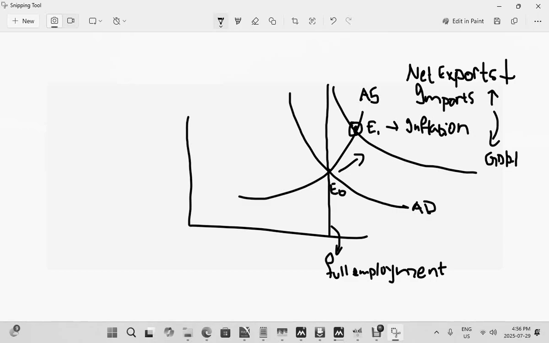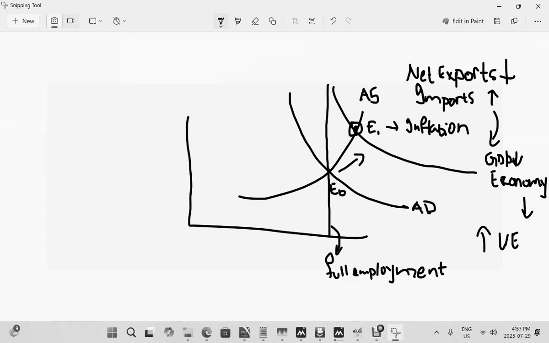As the economy shrinks, you have high unemployment, and you may even have a recession.